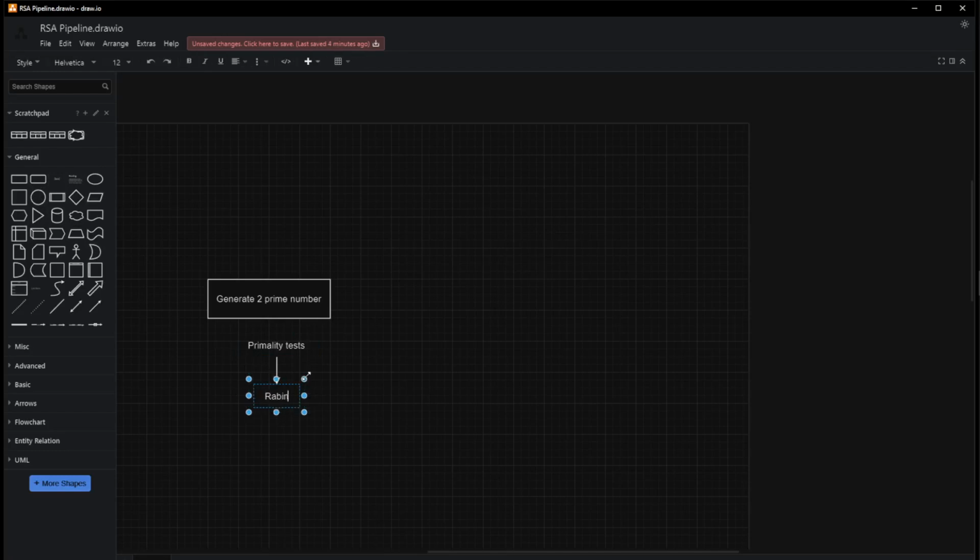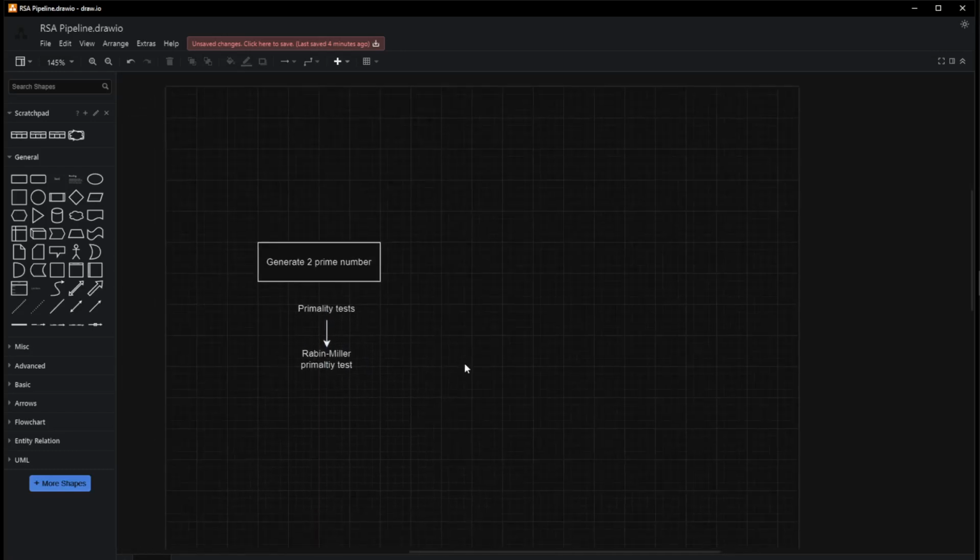Okay, so we generate two prime numbers using a primality test, and in this video series we're going to use the Rabin-Miller primality test. I think this one has some heavy number theory background, but understanding it is quite nice. We're going to have to learn a little bit about Fermat's Little Theorem.